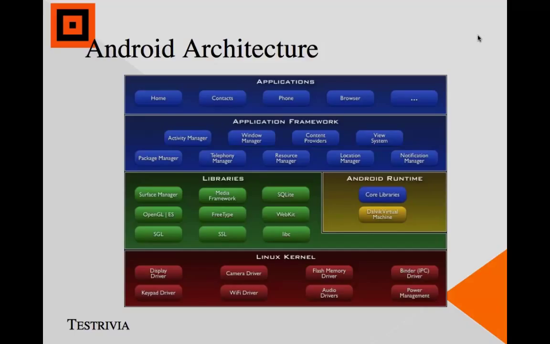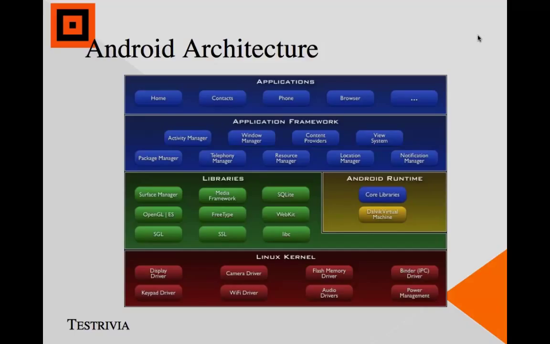And then if you go below, the application framework takes part. So, the activity manager: in Android, everything is an activity. For example, if you are a Linux user, you might have heard that everything in Linux is a file, and you write into a file and you read from a file. This is how Linux is being described.